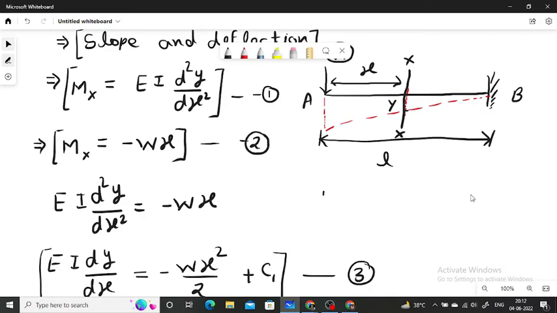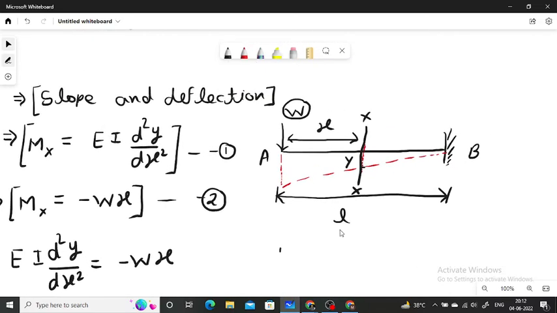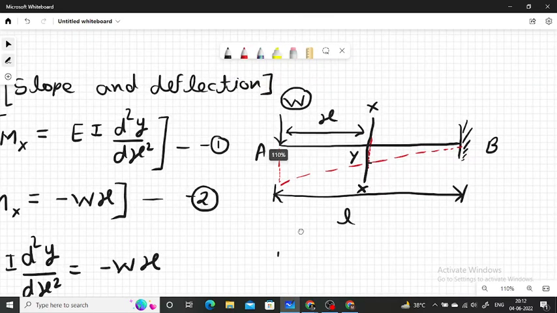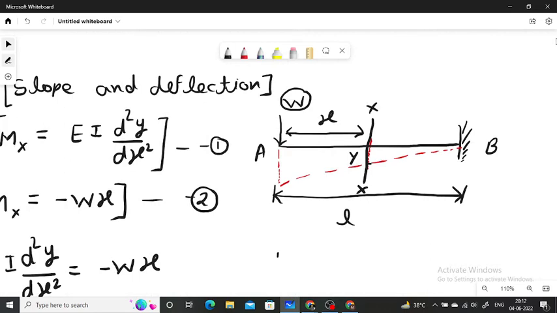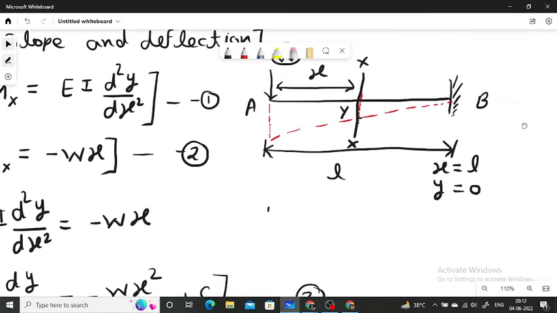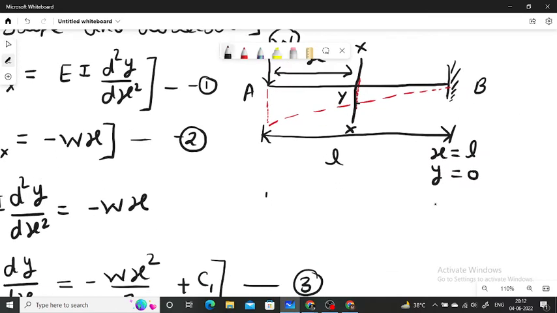Okay, so in a cantilever beam at x is equal to L, deflection of the beam is 0 because point B is a fixed end, and the slope, it means dy by dx, is also equal to 0 because B is a fixed point.